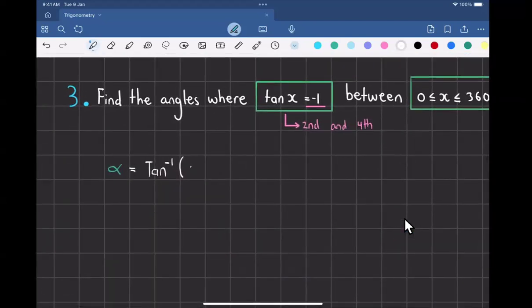When you find an alpha, alpha is always positive. I'll write that here too. Always positive value. So yes, it would be 45. So alpha is 45 degrees.